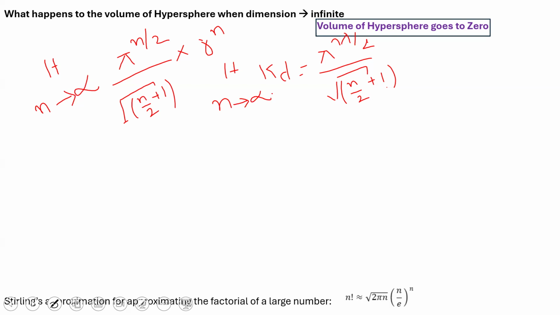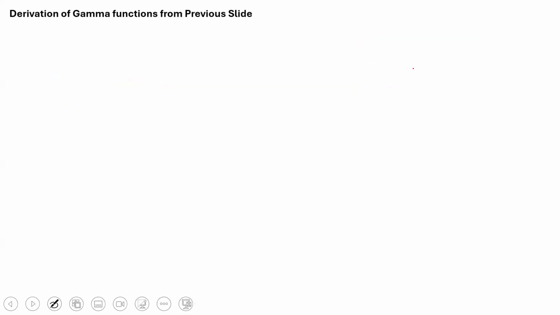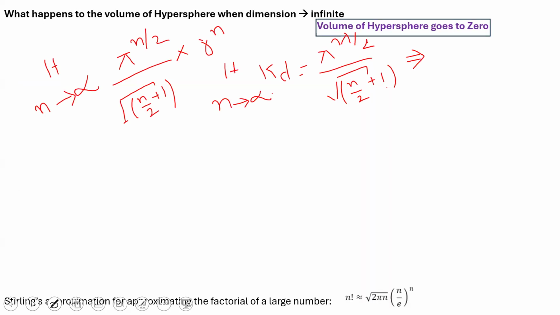So let's replace gamma of n by 2 plus 1 with the values that we know. It doesn't really matter when n tends to infinity whether it is even or odd. Let's take n as even to simplify our calculations. Whether it is odd or even, in higher dimensions, it doesn't really matter.